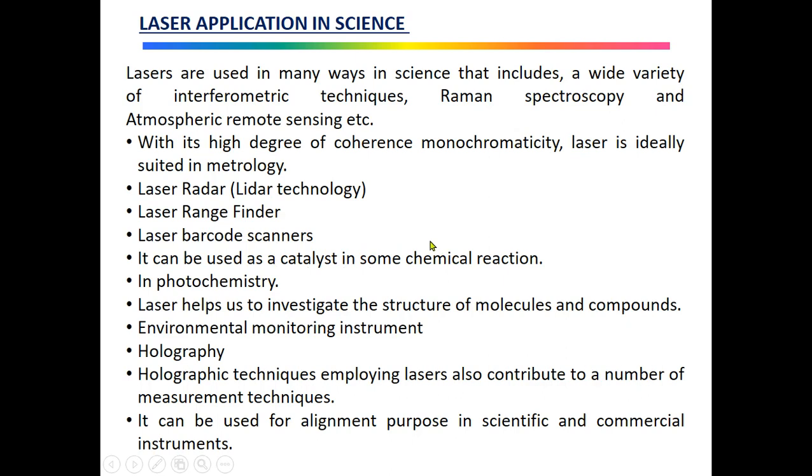So it can be used to speed up reactions in chemistry, especially in photochemistry. Photochemistry is a branch of chemistry in which a high-power laser source can induce a nuclear fusion reaction. But for this, we need a mode-locking laser.